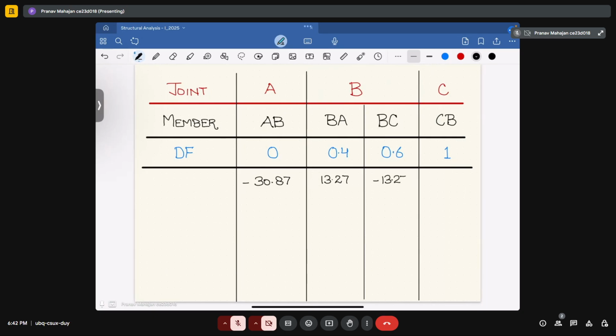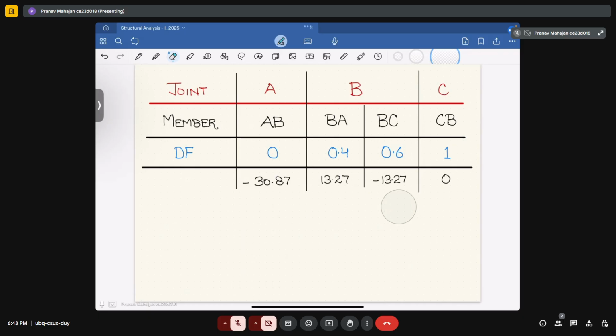And the last value should be equal to 0 because that is a hinge end. So that will become your final end moments for this question. Okay, so we can end this here.